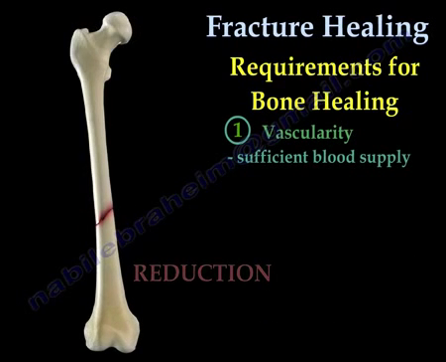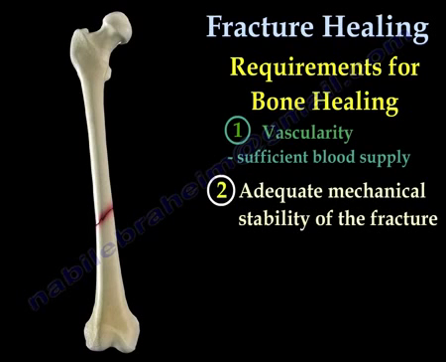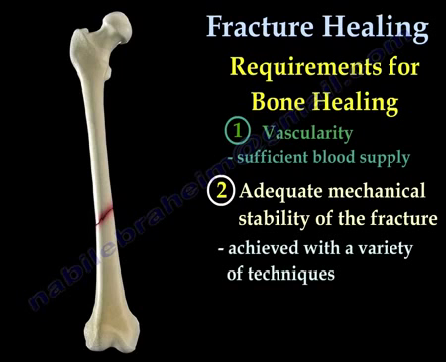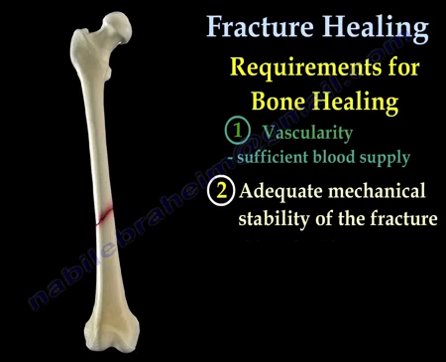After we reduce the fracture, we need the second most important thing, which is adequate mechanical stability of the fracture. This stability of the fracture is achieved by a variety of techniques.